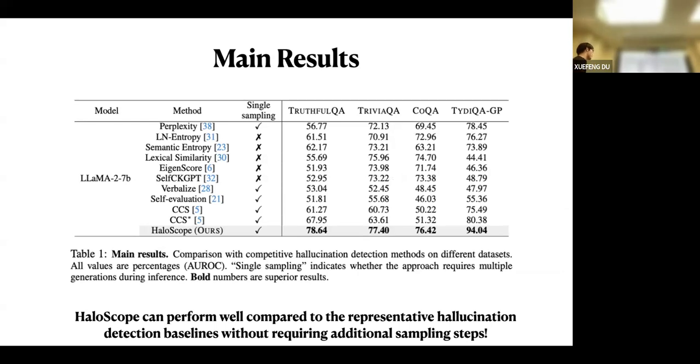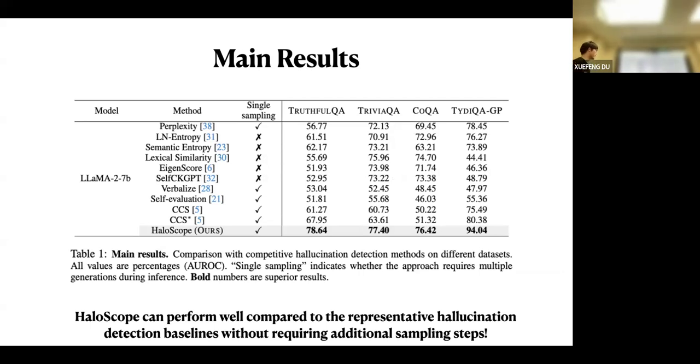Here we're comparing with a bunch of representative hallucination detection baselines, which include uncertainty-based approaches like perplexity and entropy-based methods. We also compare with GPT-based approaches, such as SelfCheckGPT and verbalized self-evaluation approaches.